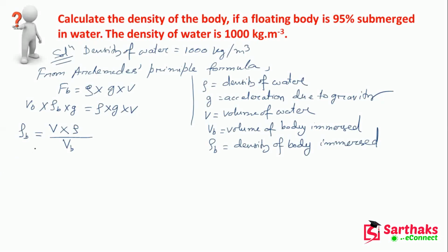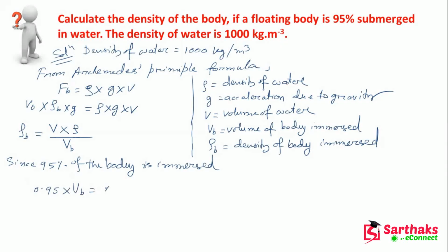So here it has been said that 95% is immersed. So since 95% of the body is immersed, that means 0.95 into VB, the ratio of these two volume, that is the 0.95.